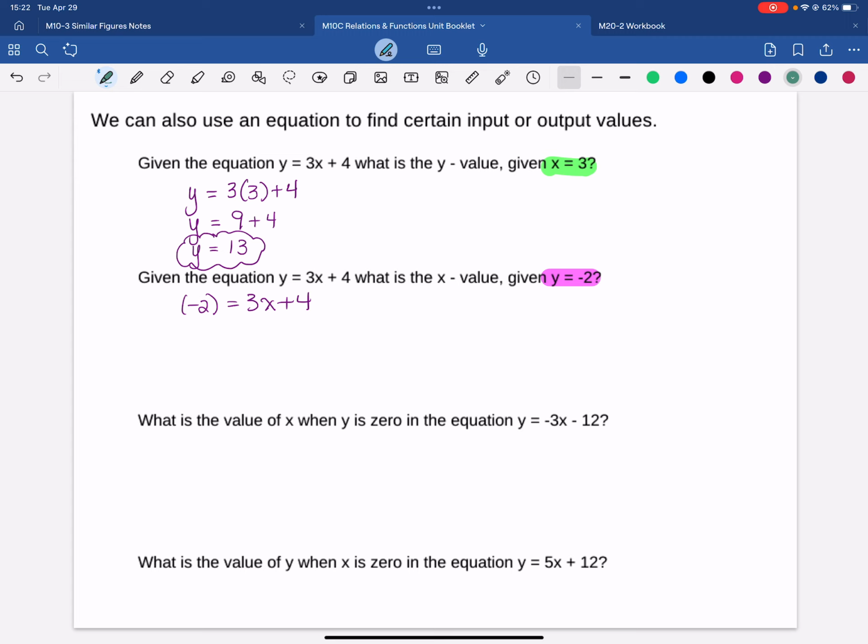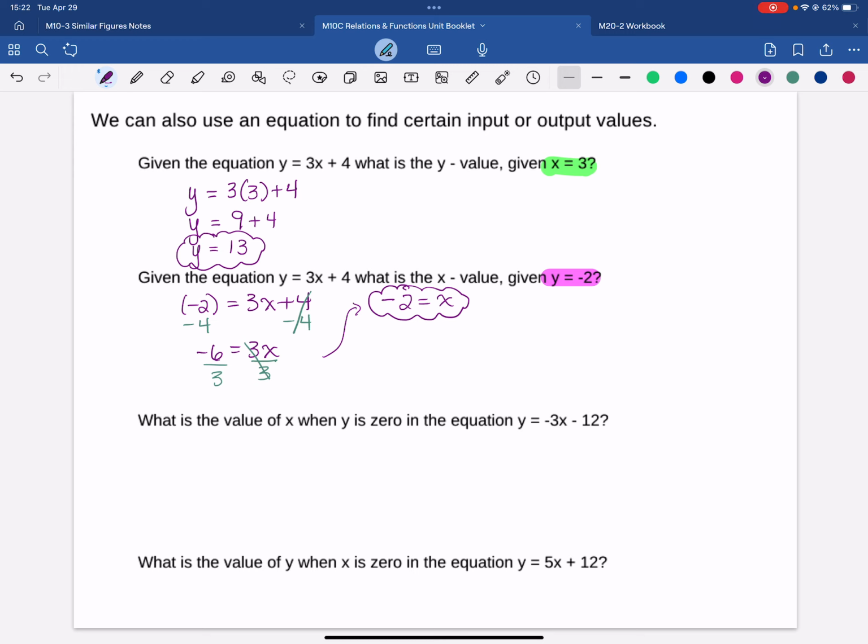We're going to move what's farthest away. So we would subtract 4 from both sides. And then because the 3 is being multiplied by the x, we divide by 3. And we end up getting -2 is our x value when y is also -2.